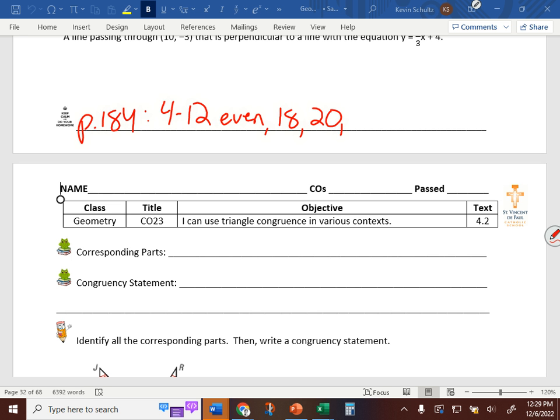And 21? Yeah, odd. 29. Work must be shown. That is correct.